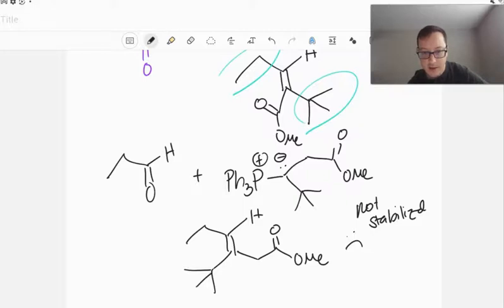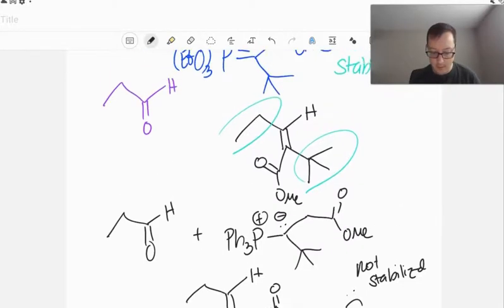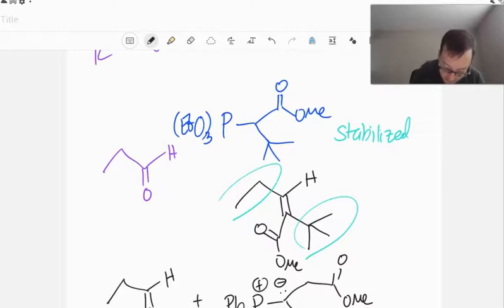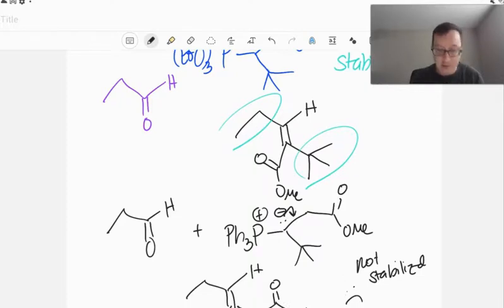So lots of things to keep in mind. Yes, because it's right next to it, we can resonate if we want to. Too far, no resonance. You can't resonate this way. If you do, you end up with a carbon with five bonds, which is highly illegal.